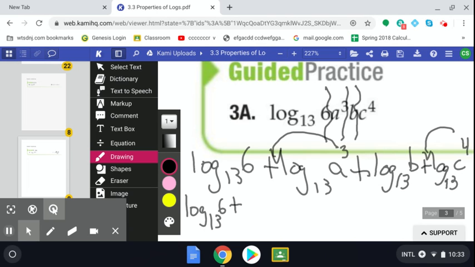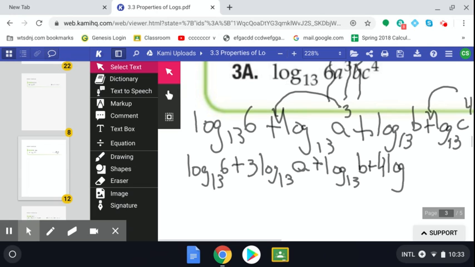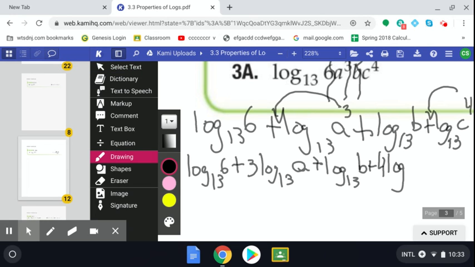So it's going to be 3 log base 13 of a plus log base 13 of b plus 4 log base 13 of c.